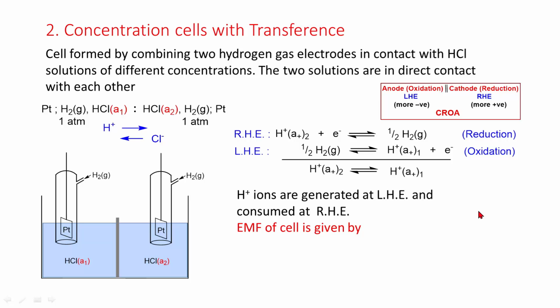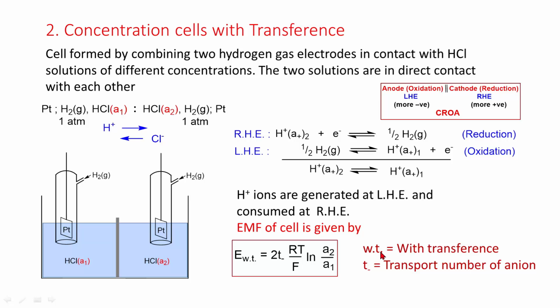EMF of the cell after calculations is given by E_WT is equal to 2t negative RT by F natural log A2 by A1, where WT is with transference and t negative is the transport number of an ion.